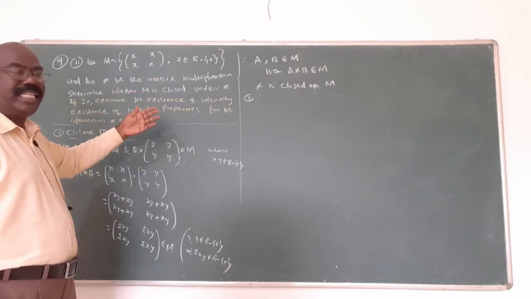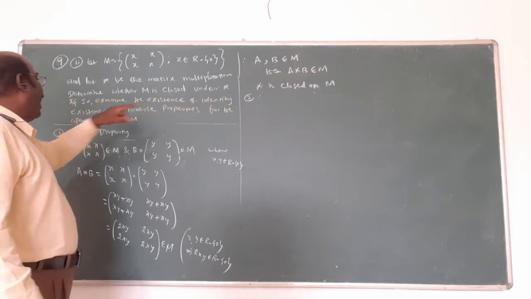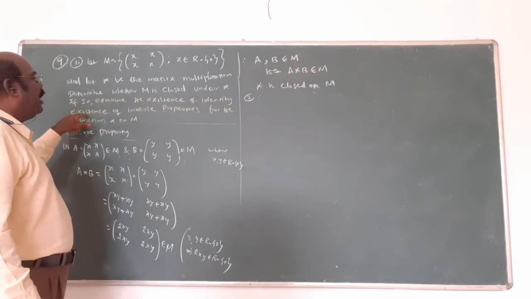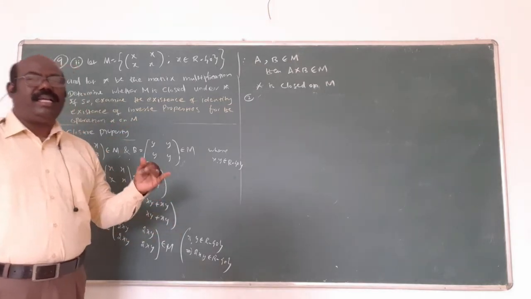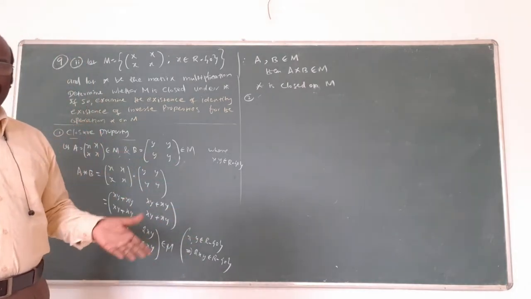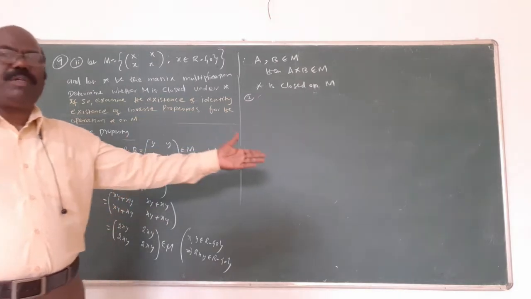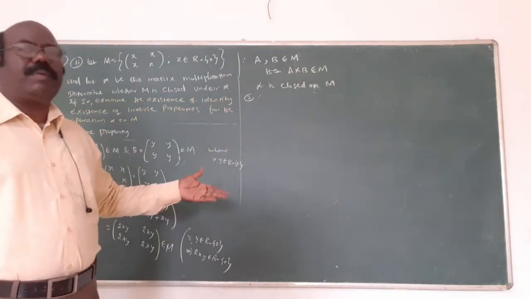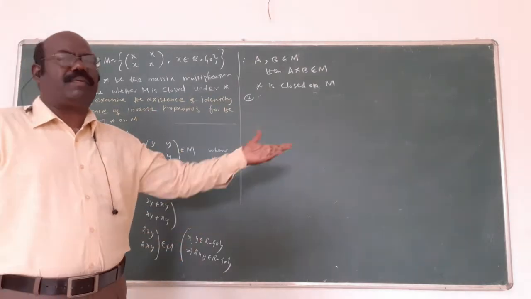Here also closure is asked, and if so, examine the existence of identity and the existence of inverse. Previous question had closure, commutative, associative. There are three properties here. Anyway, this was a 75 mark question.